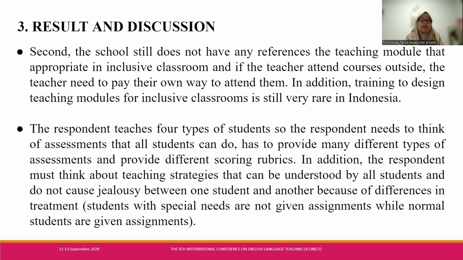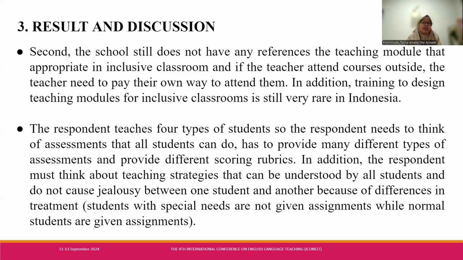And the last one, because the respondent teaches both types of students, the respondent needs to think of assessments that all students can do, has to provide many different types of assessment, and also should provide different scoring rubrics. In addition, the respondent should think twice about teaching strategies that can be understood by all students and don't cause jealousy between students.